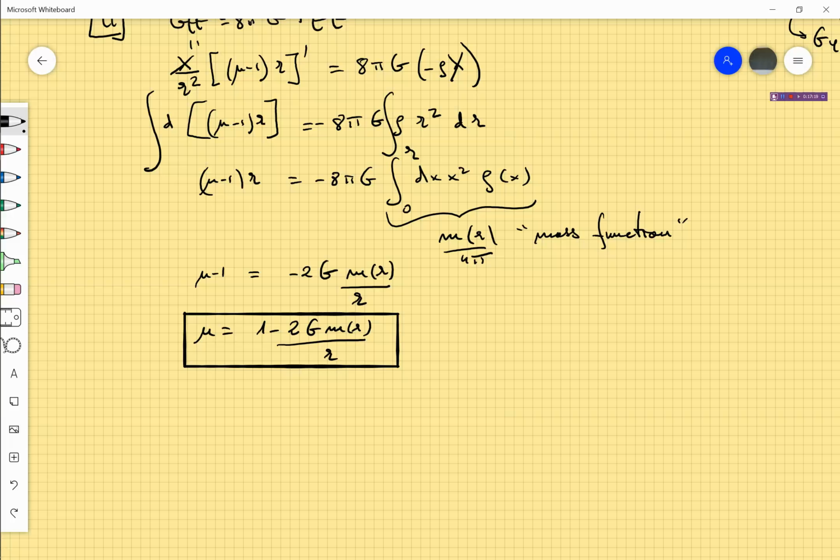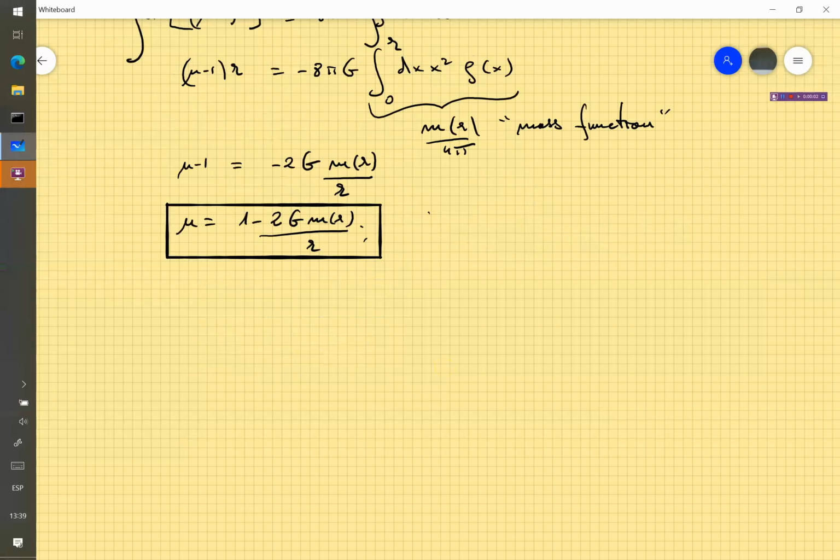You can also understand this as a change of variables from rho to m, which is probably more useful. In the case of the Schwarzschild solution, in which rho is assumed to be constant, this integral can be performed directly, and then you know everything about mu. In any case, if you remember the Schwarzschild solution, you recognize that mu has exactly the same form, with the constant mass m of the Schwarzschild solution replaced by this mass function m(r), and this is why it has this name.